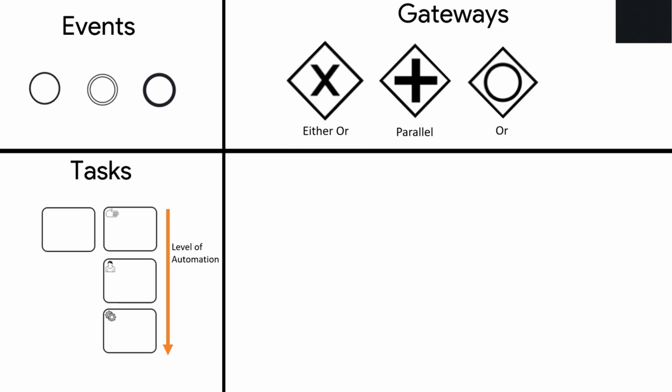And then there is the event-based gateway, also a quite complex but also useful one. Here it's basically based on a certain event. So we are waiting for an event to happen. And if it happens, we go one way. If it does not happen, or another condition is met, we go another route. But these are the most important gateways. I want to explain more later with some examples.